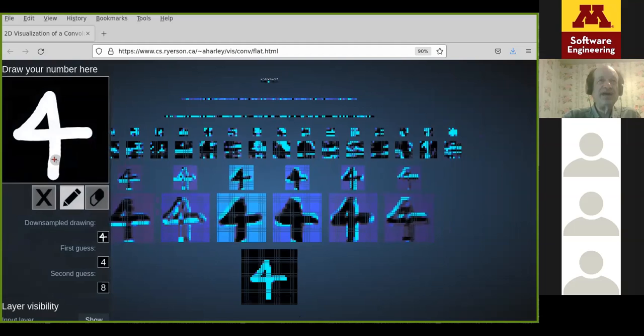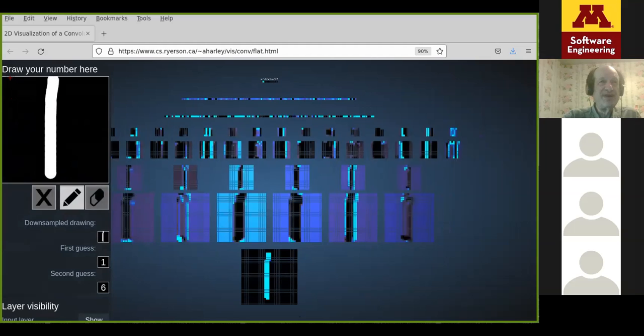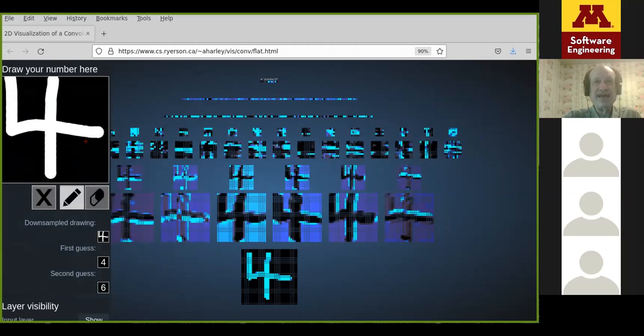So this 4 here is recognized as a 4, but the 4 that I had before was misrecognized as a 5, and I don't think there is anybody in the world who would not recognize this as a sort of a 4. If you had to classify this as a digit, this time it was classified correctly as a 4.